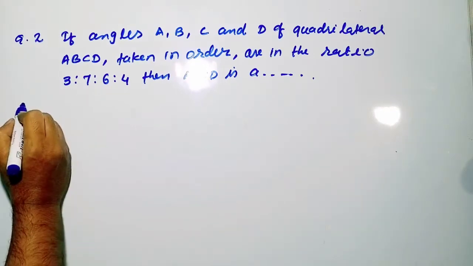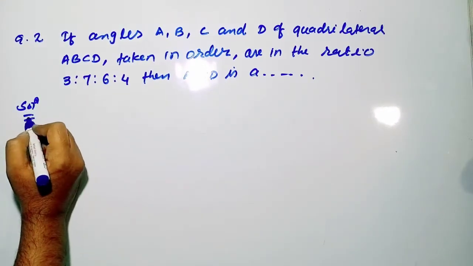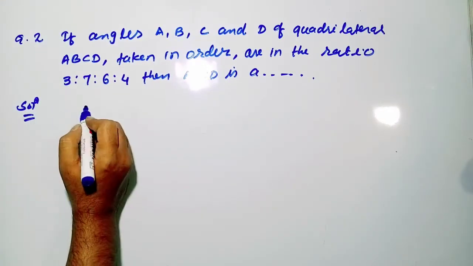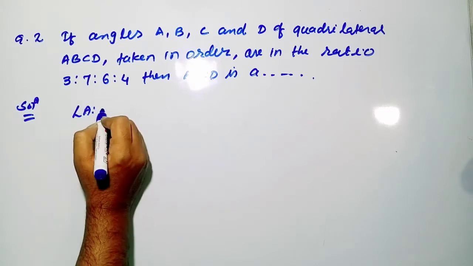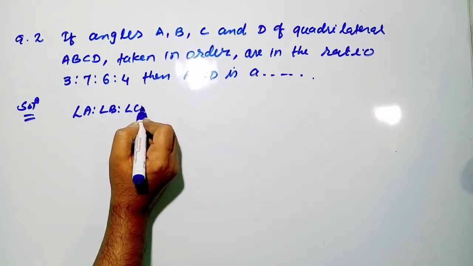Right? And we also have to find which type of quadrilateral ABCD is.